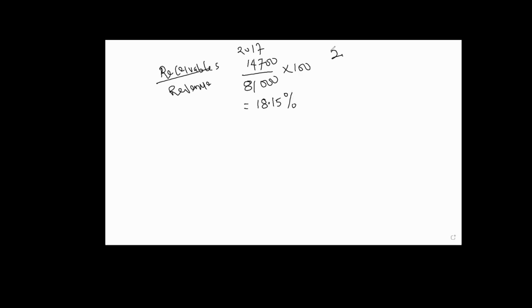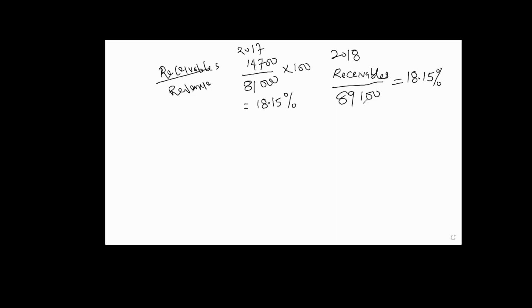If you now get to 2018, we don't know receivables yet. But we know the revenue in 2018, 89,100. This must give us 18.15%, because the examiner says this will remain unchanged.